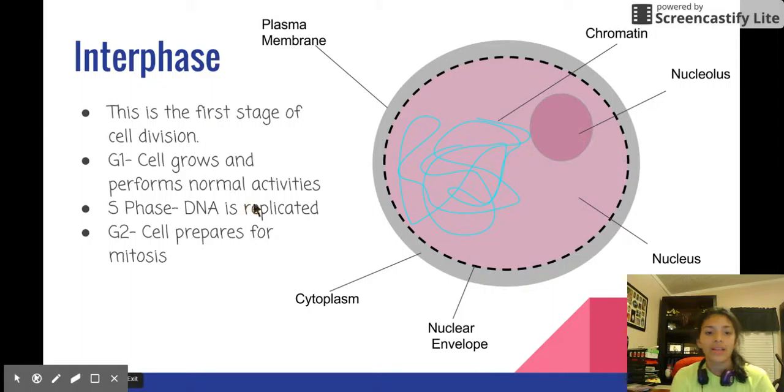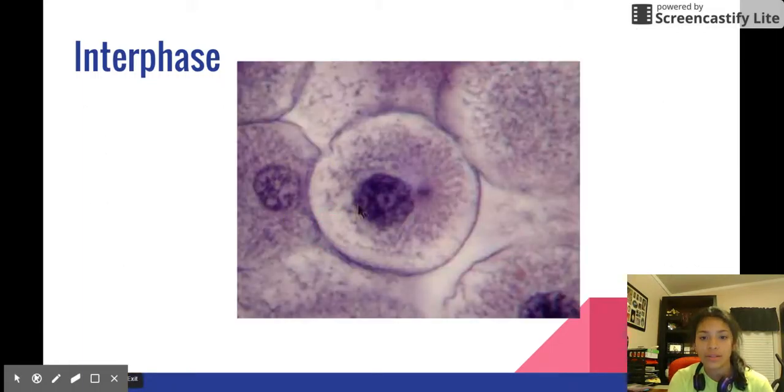In the S phase, DNA is replicated and it's getting ready for cell division. In the last phase of interphase, which is the G2 phase, the cell prepares for mitosis and the division of its nucleus, technically. So here's the cell undergoing interphase.